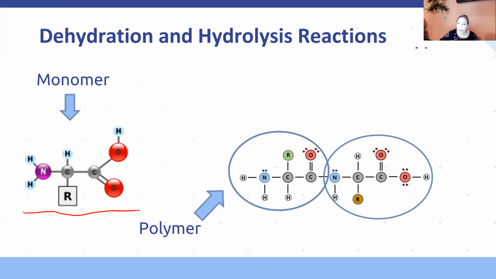The polymer is two of these molecules bonded together. Okay, so take a second and look at this individual monomer and then compare it to the polymer that you see here. Okay, we have a nitrogen right here for our monomer. Here is that nitrogen for the first monomer. Here is that nitrogen for the second.